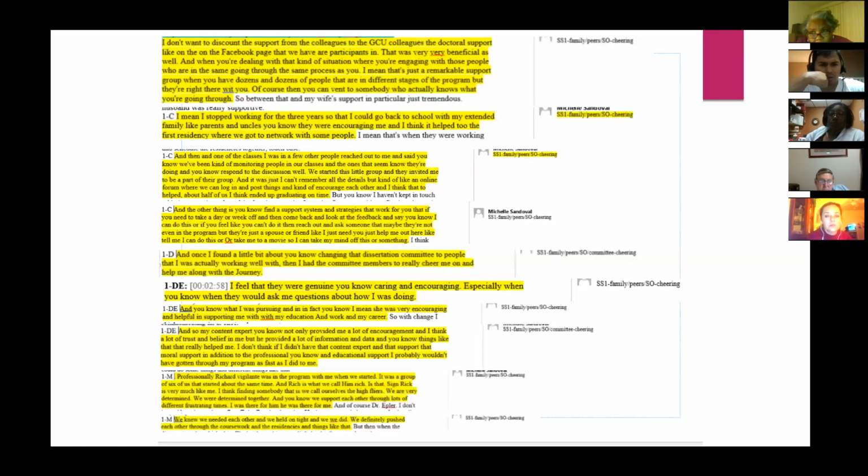This is just an example of one of the pages of my 26 pages of coded data. And this is just from my first one, the social support. This is across multiple interviews. This is not just one person. I used just basic identifiers, like 1-C.